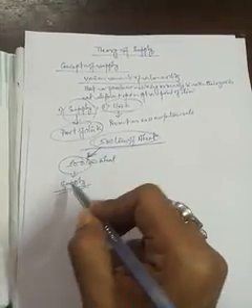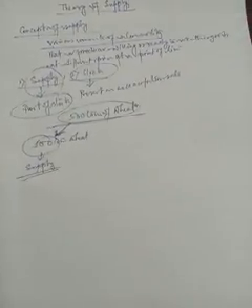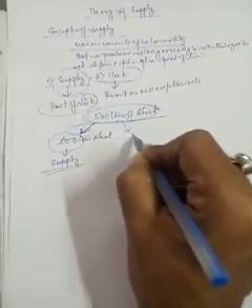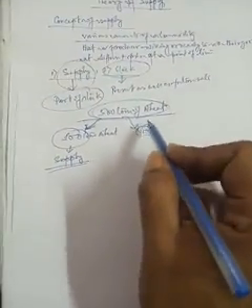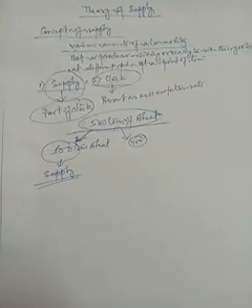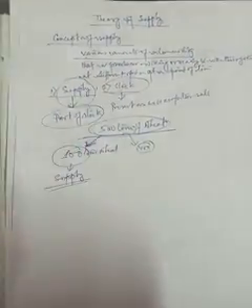And the remaining 400 is stock again. So this is the concept of supply and stock.